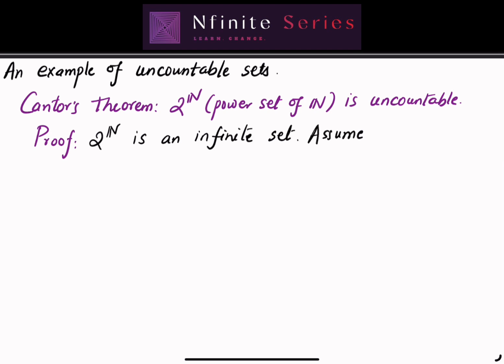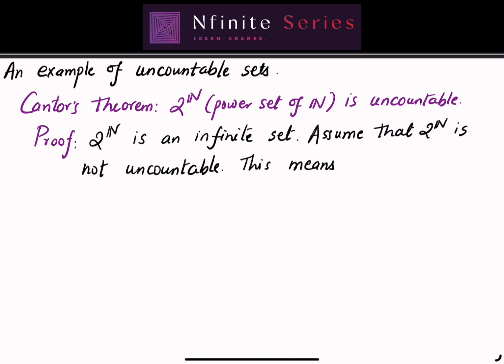Now let us assume, for the sake of contradiction, that this set is not uncountable. Then what does it mean? If it is not uncountable, we know that it is infinite, so this means that the set is denumerable.